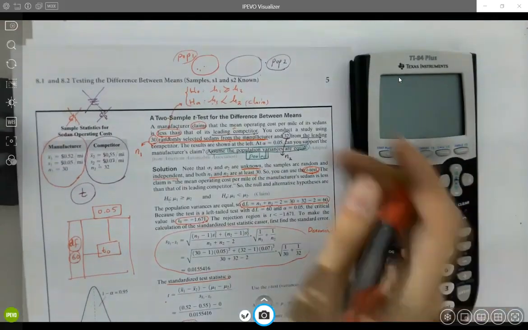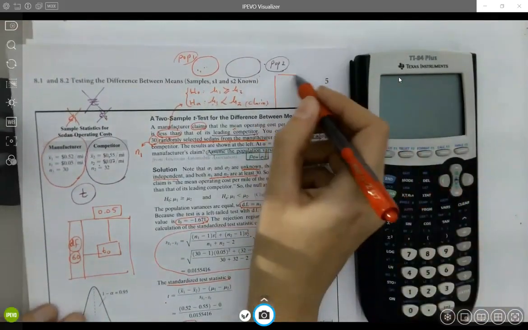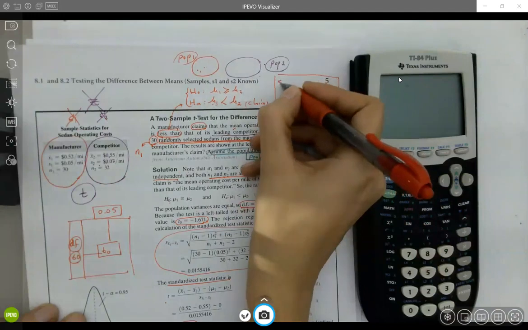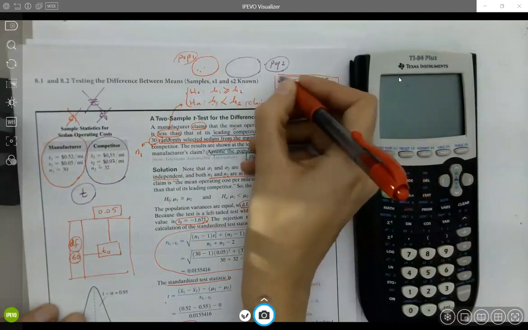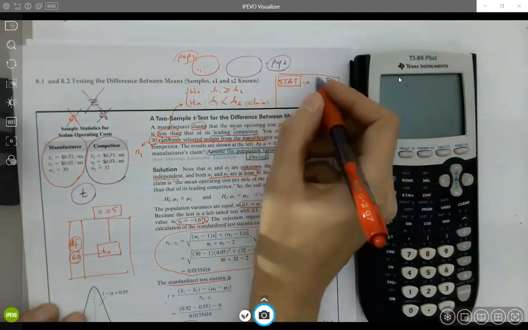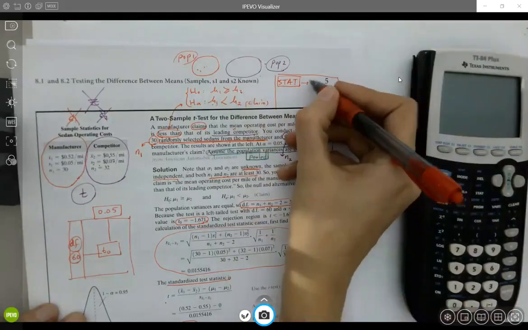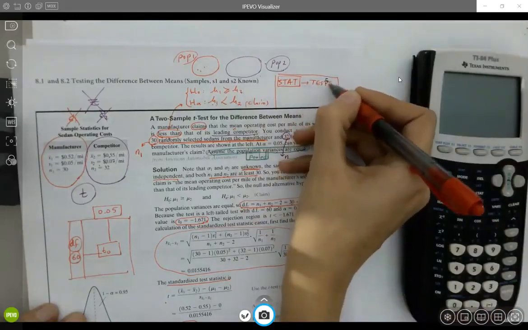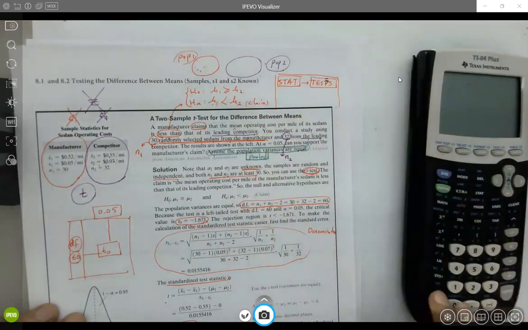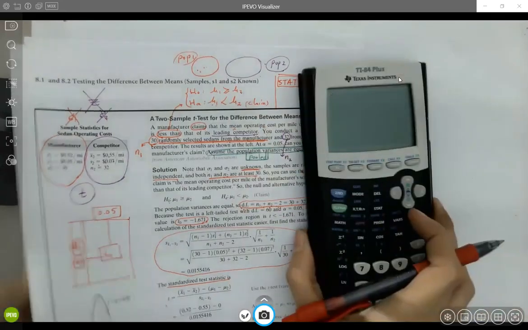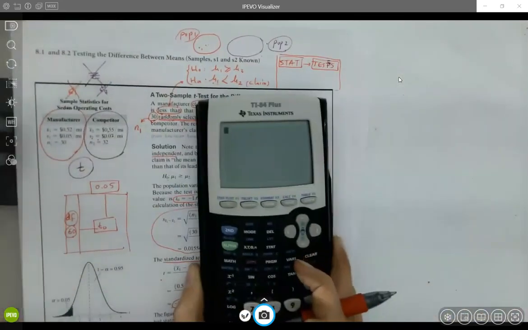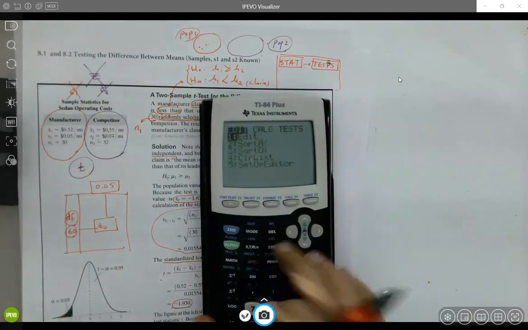So we have to go to stat, of course. Then we go to tests. Okay, let's turn on the calculator. Go to stat, go to tests.